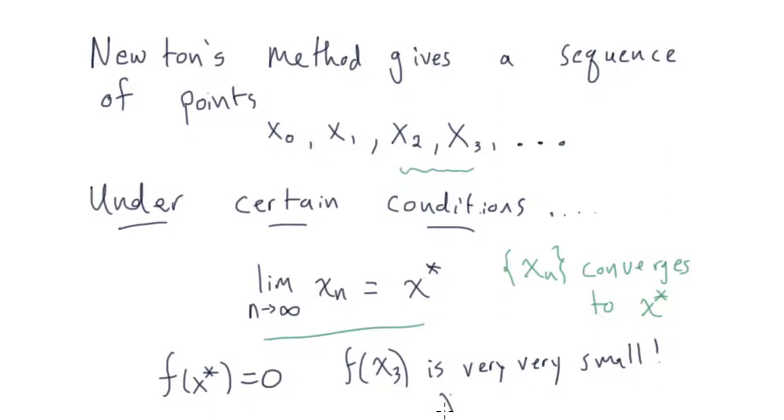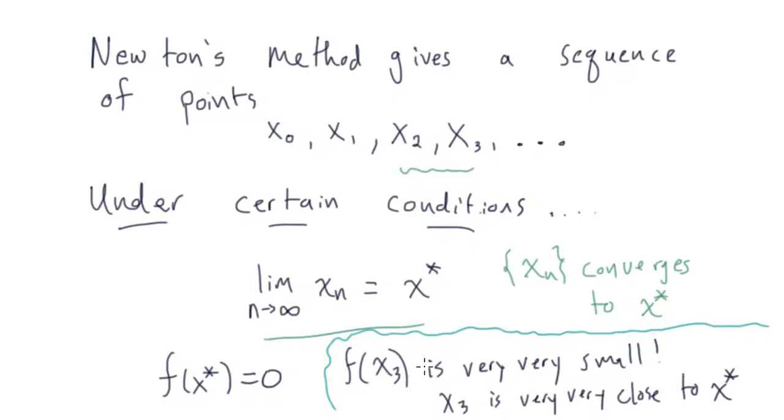So x3 is very, very close to x star. Now this does not always happen, but this is the goal. The goal here is that after just a few steps, f of x3 is very, very small, meaning that x3 is very, very close to x star. And again, this will happen under certain conditions, and the conditions are pretty reasonable.